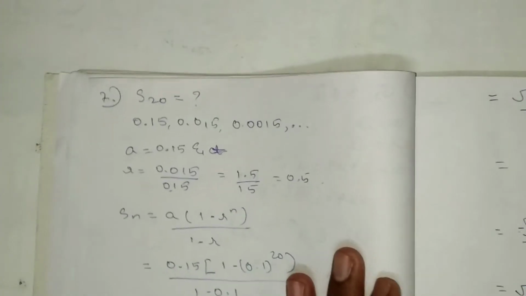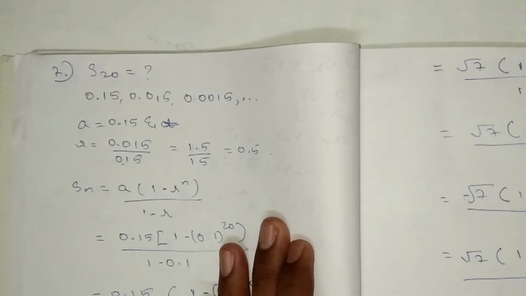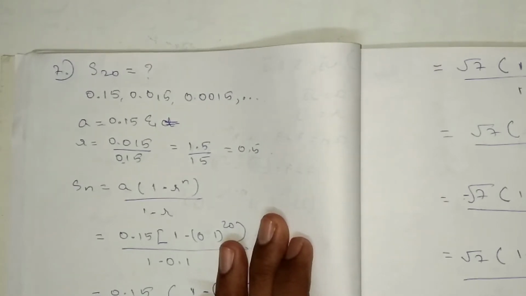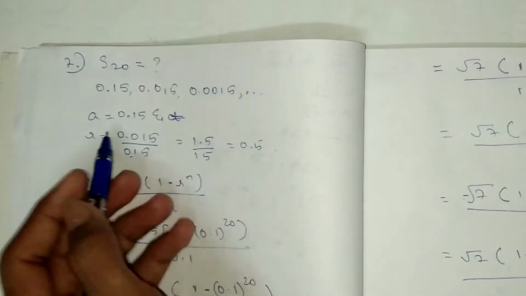Now moving on to the next question, that is the seventh. They have given us an AP and they have asked to find the sum of the first 20 terms. From this we can find the first term and the ratio also.